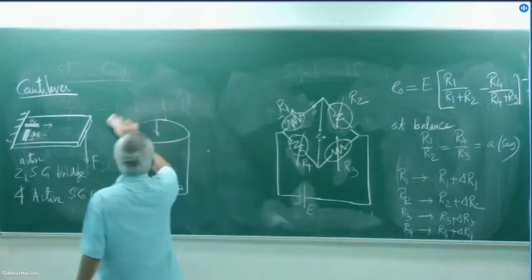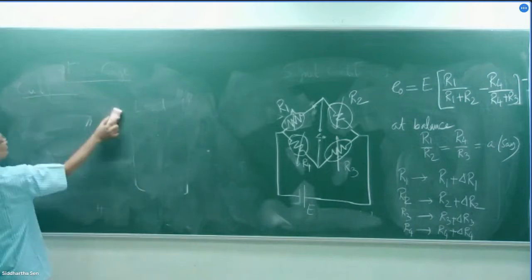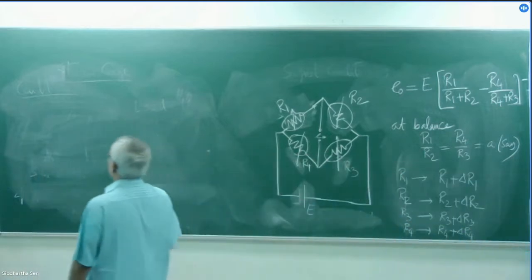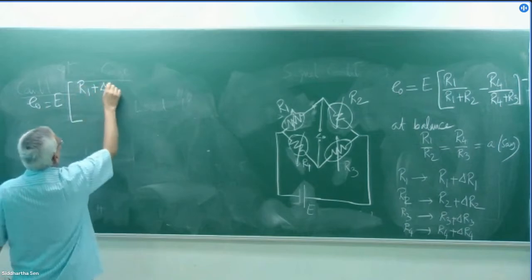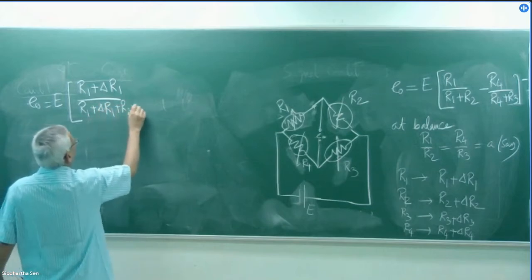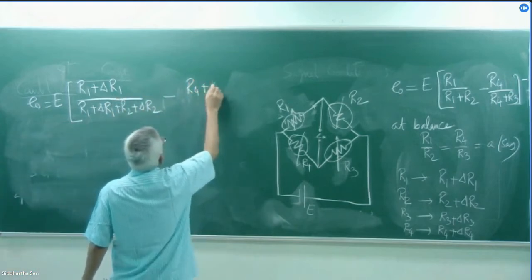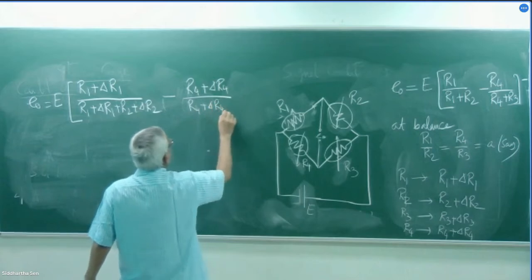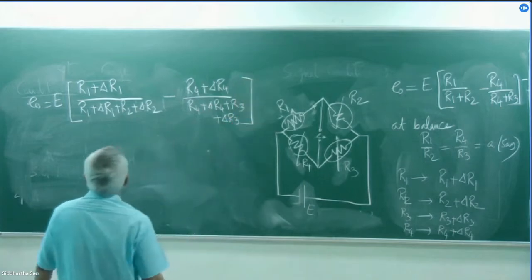So in that case, we can easily write down that E0 is equal to E into R1 plus delta R1 divided by R1 plus delta R1 plus R2 plus delta R2, minus R4 plus delta R4 divided by R4 plus delta R4 plus R3 plus delta R3.